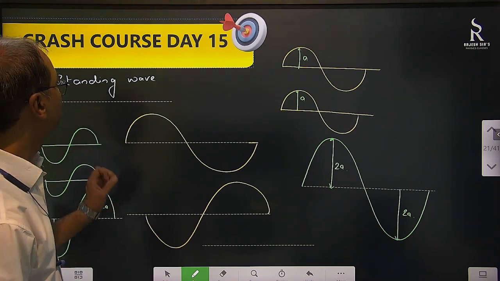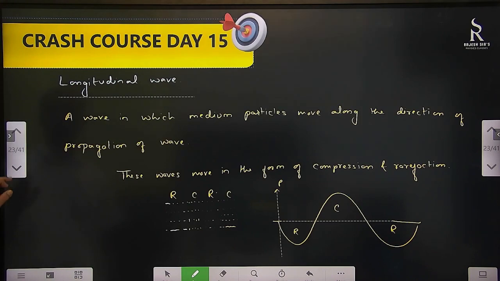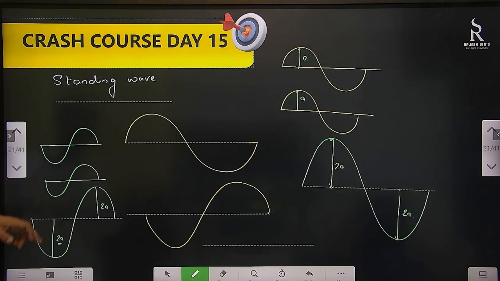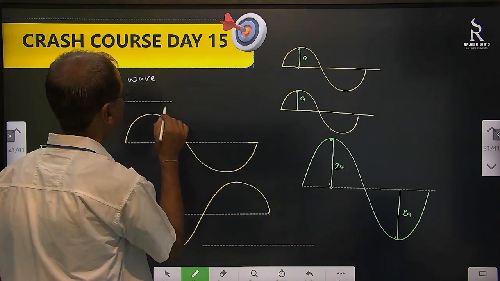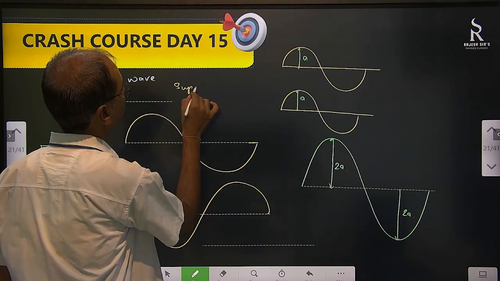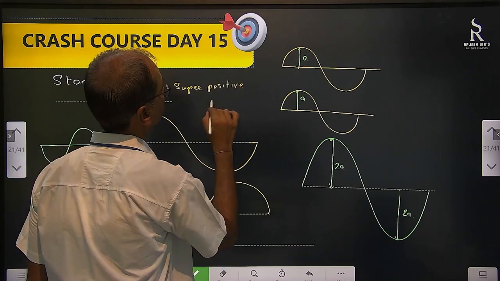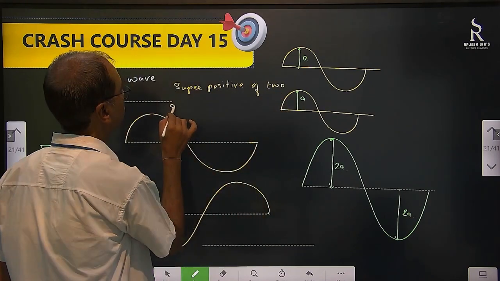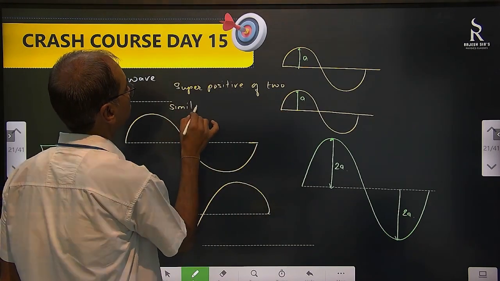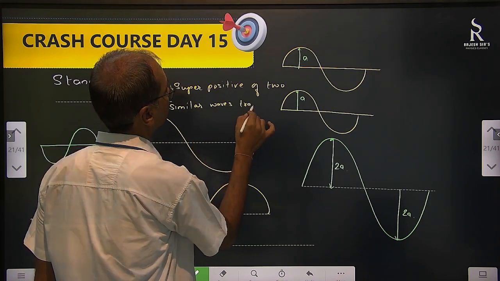So what is a standing wave actually? A standing wave is also a superposition of waves. Here only I should write. Okay, the superposition of two similar waves traveling in opposite directions.